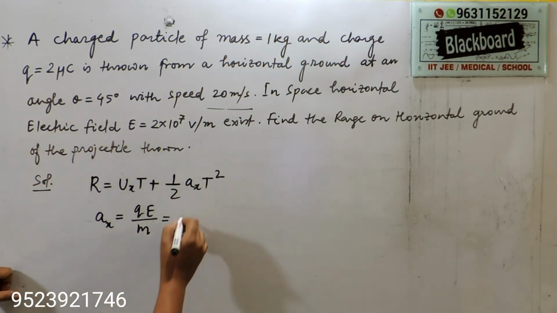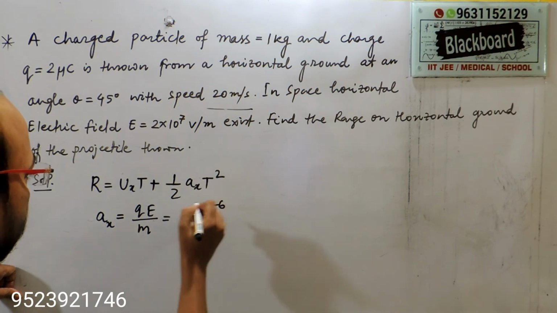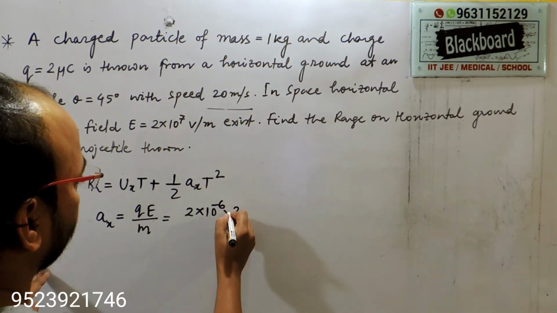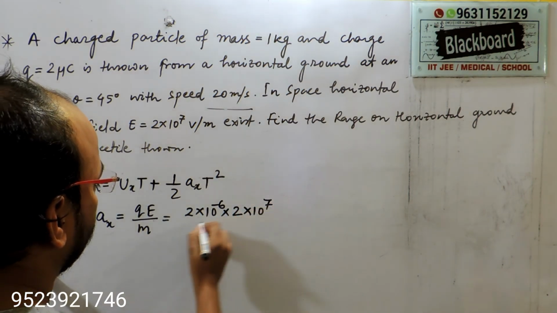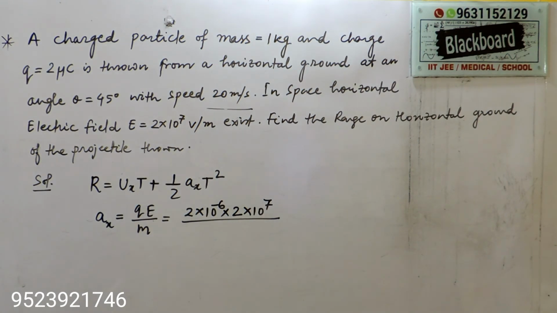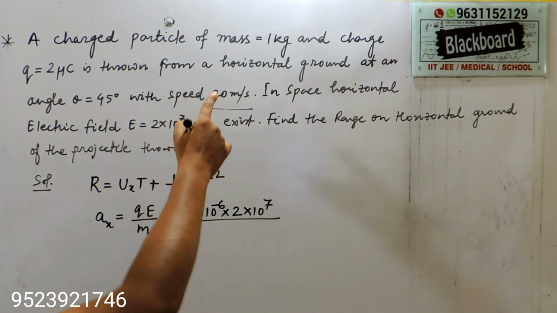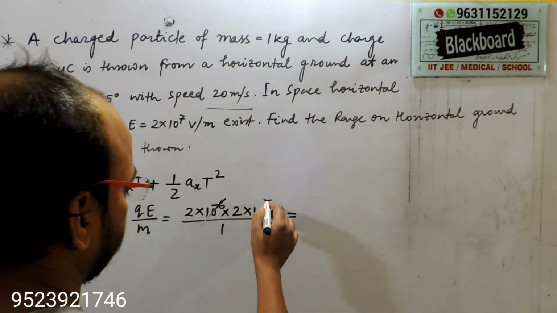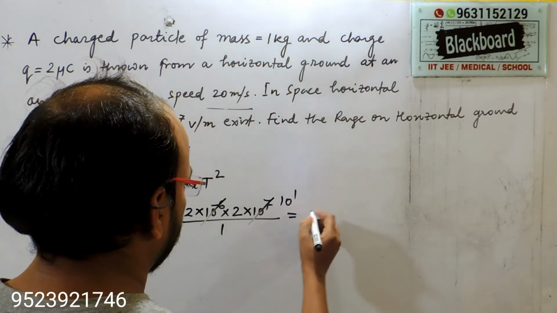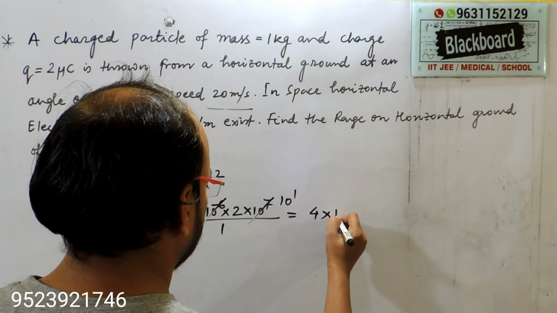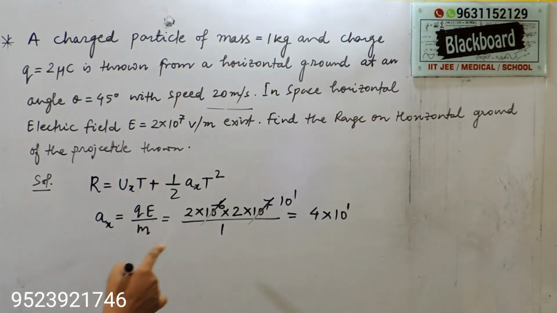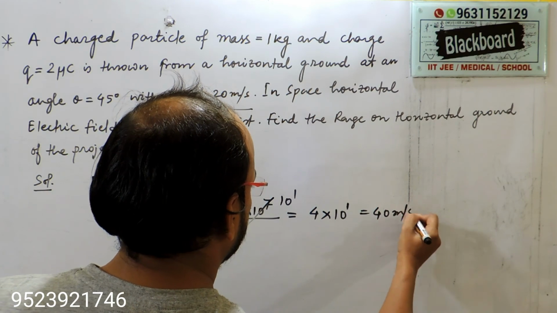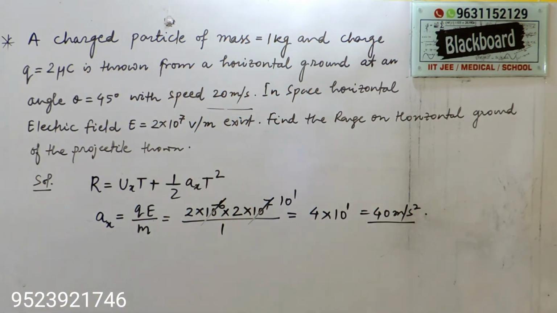Charge is 2 microcoulomb, that means 2 into 10 to the power minus 6, and electric field is 2 into 10 to the power 7. Mass is 1 kg. After solving this, we get 4 into 10 to the power 1, that means 40 meter per second square is the acceleration ax.